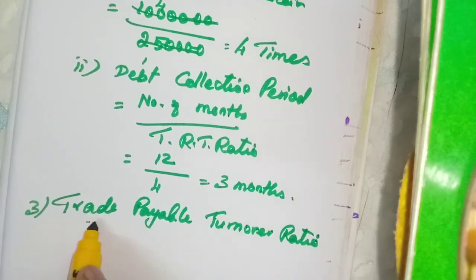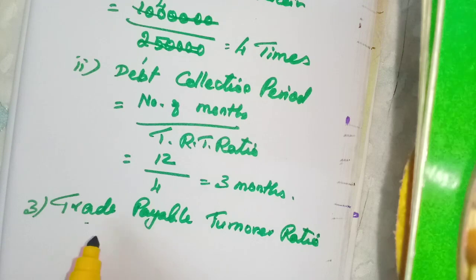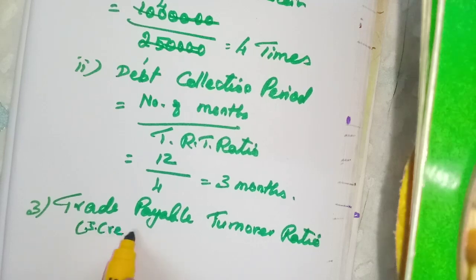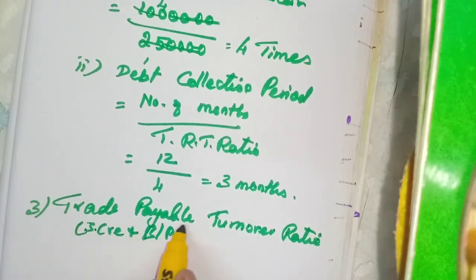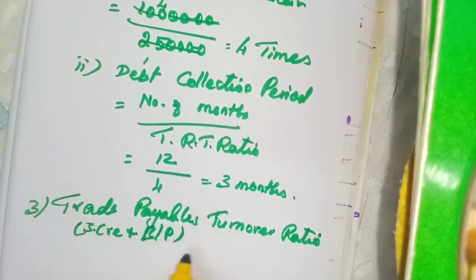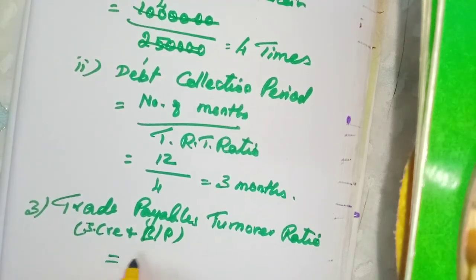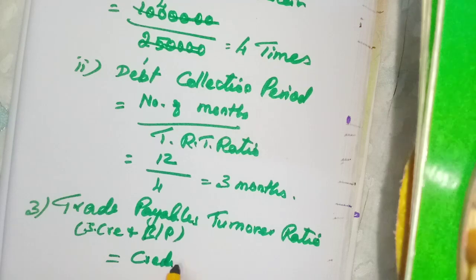That means the amount that we need to pay, that means sundry creditors and bills payable. Together these are trade payables. Trade payables turnover ratio is related to credit purchases.